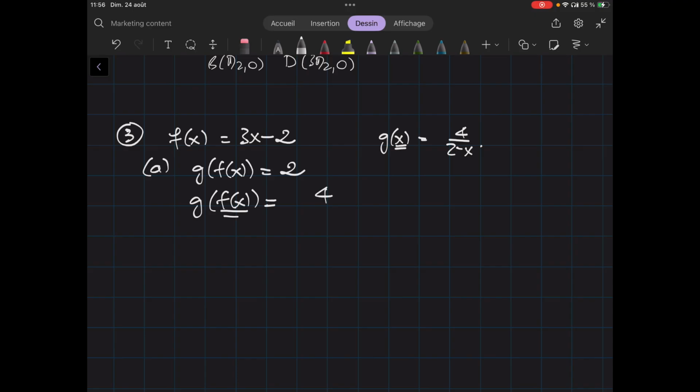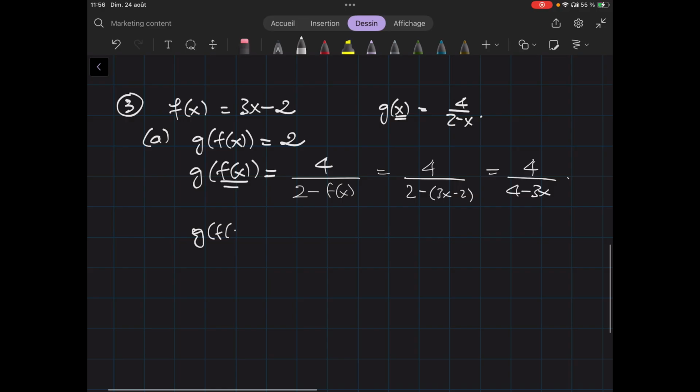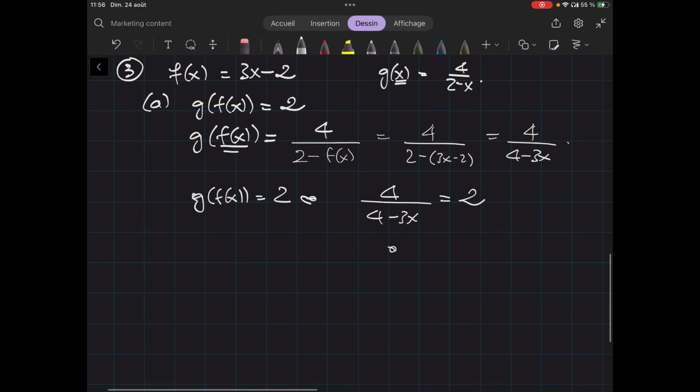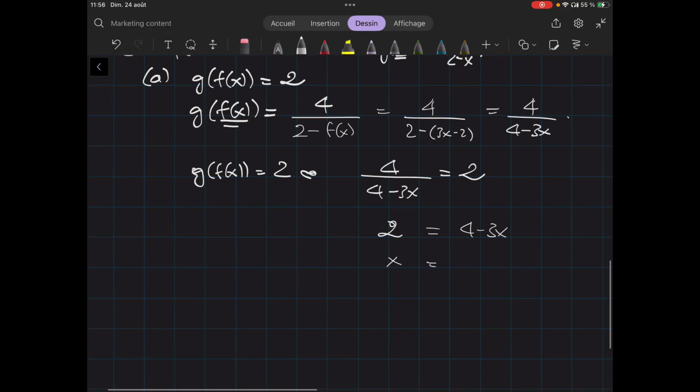So that would be 4 divided by 2 minus f of x. g of f of x is equal to 2 if and only if this is true. So now we just have to solve this equation. 3x is equal to 2, x is 2/3.